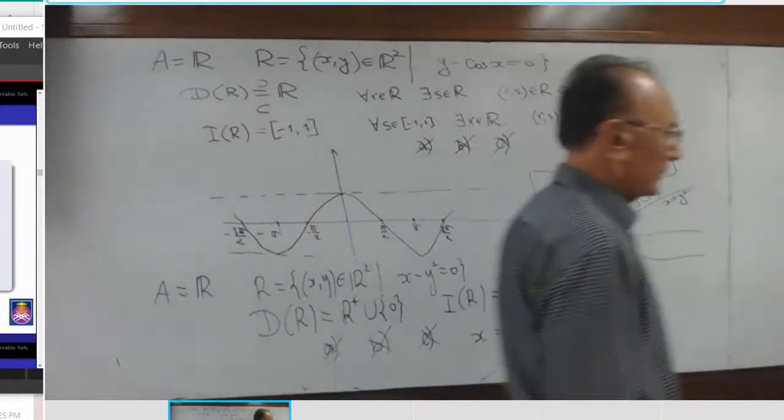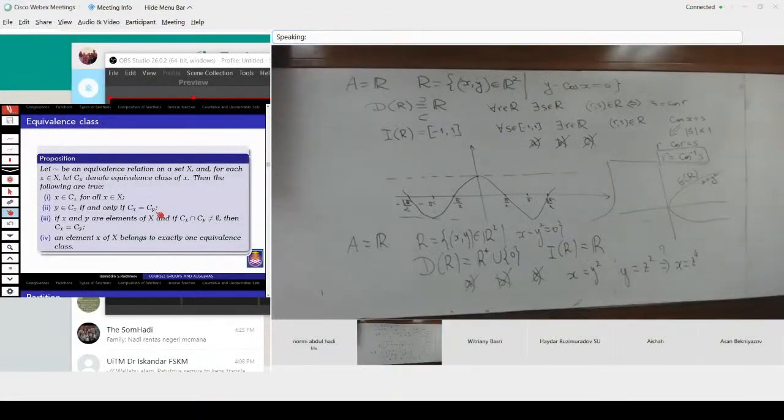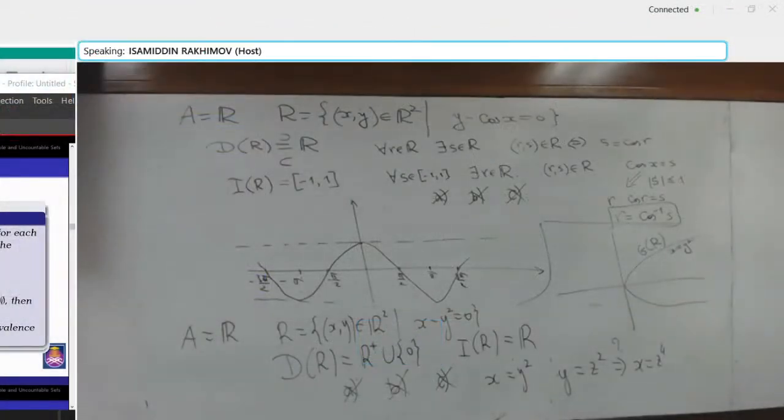Why these two examples? Because we will discuss functions. Functions are relations, but a particular case of relation. If you have a graph, you can construct a relation according to that graph.